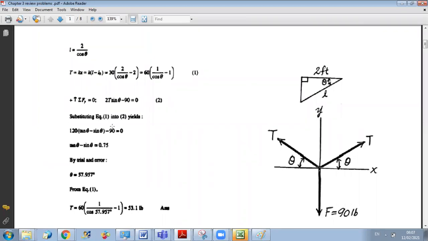So to solve such equation, you can do it on the calculator by putting the equation, and it will solve for theta. Or you can do it by trial and error. So you will try several values of theta until, for example, if you start by 50, let's say, you will obtain a value around 0.75.